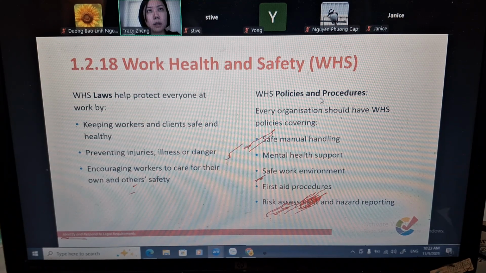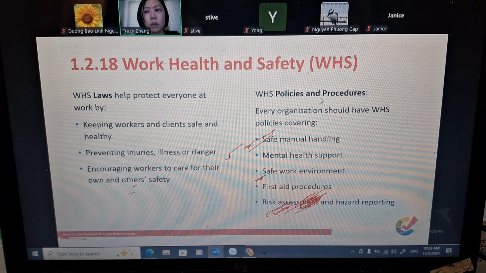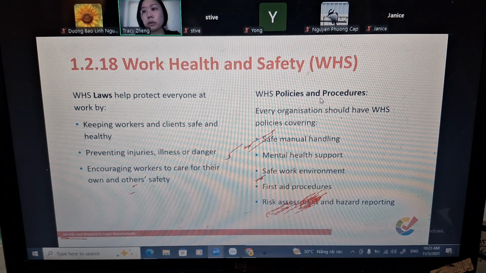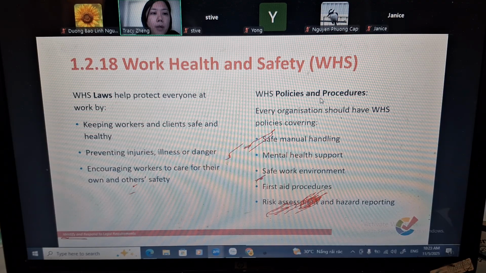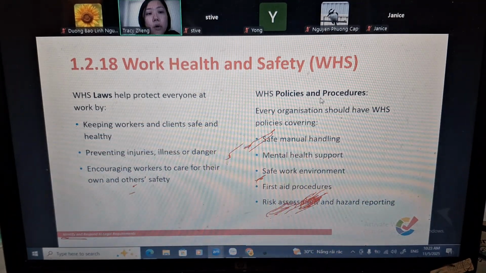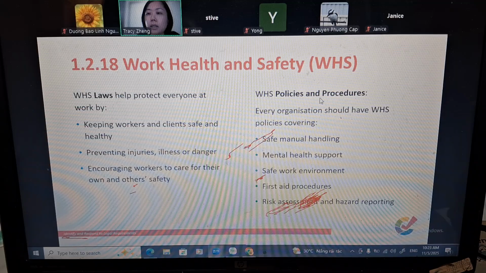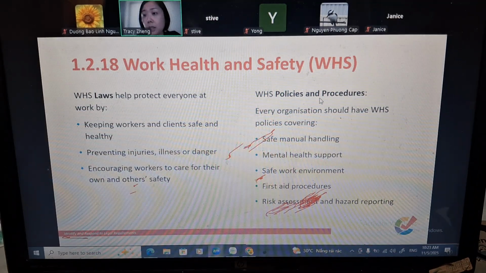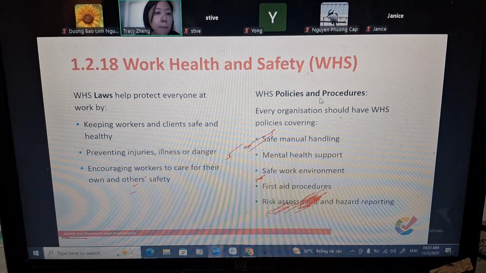I think in week 10 or the week after, we are going to discuss this unit about work health and safety. Definitely, this legislation covers what we need to do to prevent any injury, illness or danger, which comes to discussing hazards and risks.